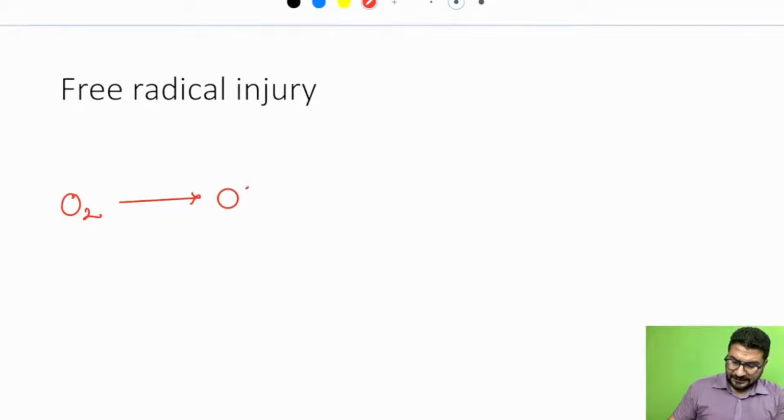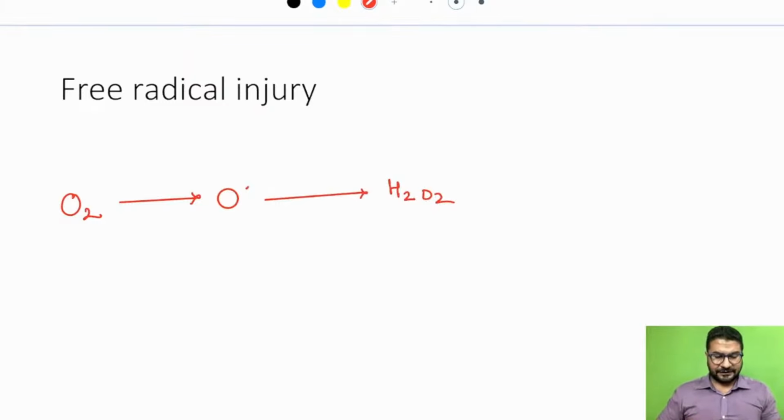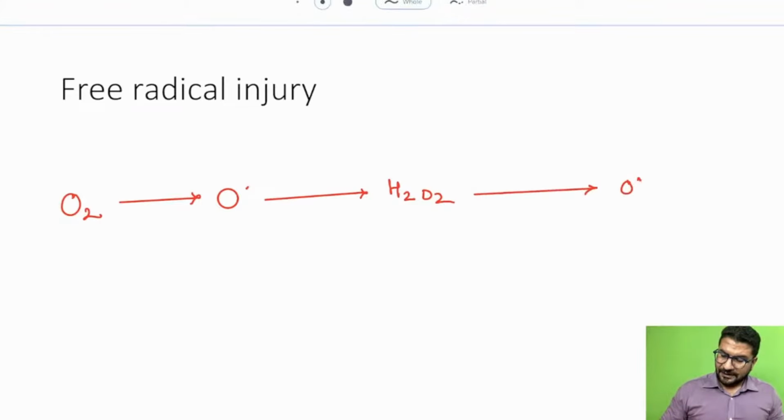The superoxide ion will now convert into H2O2, hydrogen peroxide. And now this peroxide will convert into hypochlorous acid, HOCl.